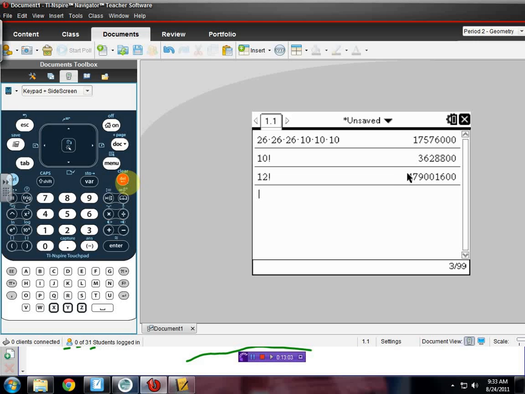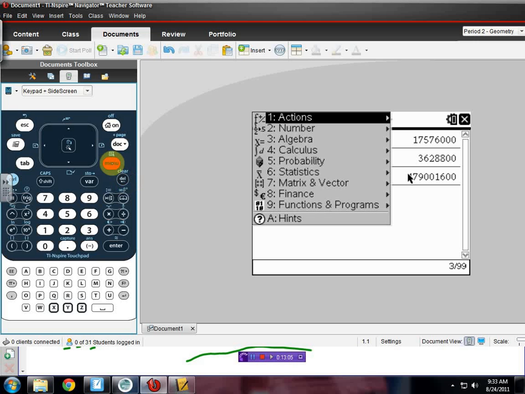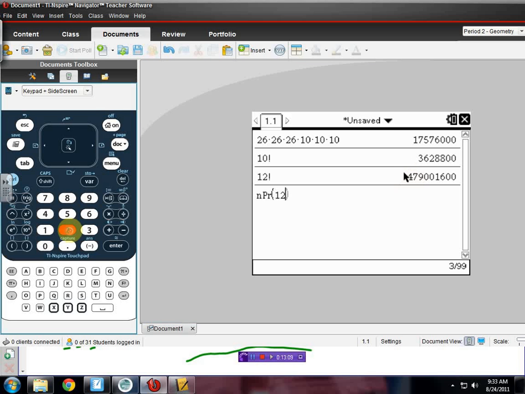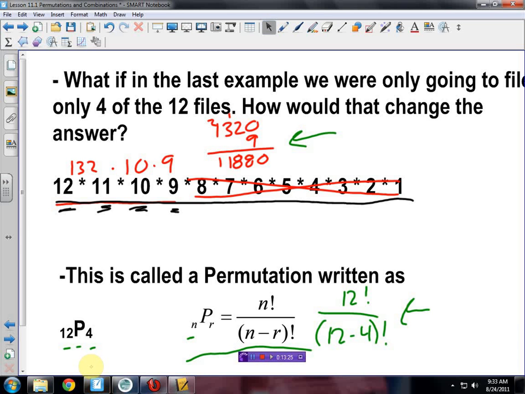So we're going to go to menu, probability, permutations. I'm going to put in 12 first, and then a comma, which is located down here by the O button, 12, comma 4. That's going to tell it 12 pick 4. Enter, and it gives us 1188, which is what we ended up figuring out by ourselves. All right, so that's the permutation button.